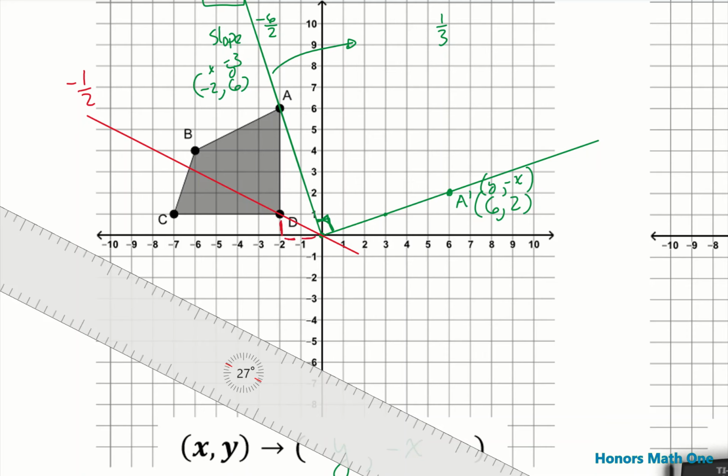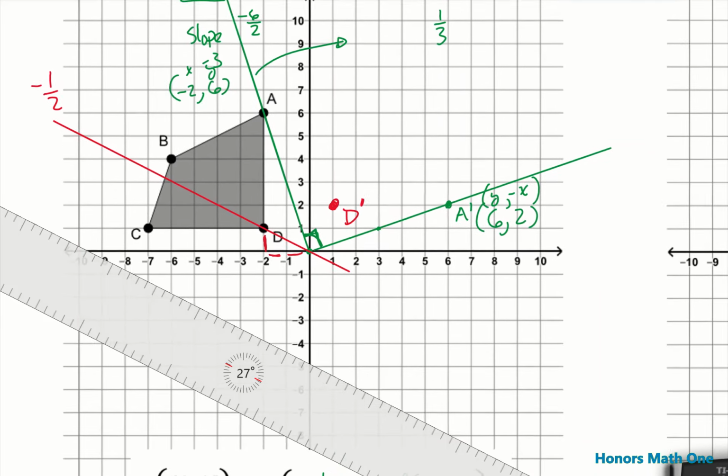So I'm going to need a slope of positive 2 to land where D goes. That's just going to be up 2 and then over 1. So that point is now my D prime.